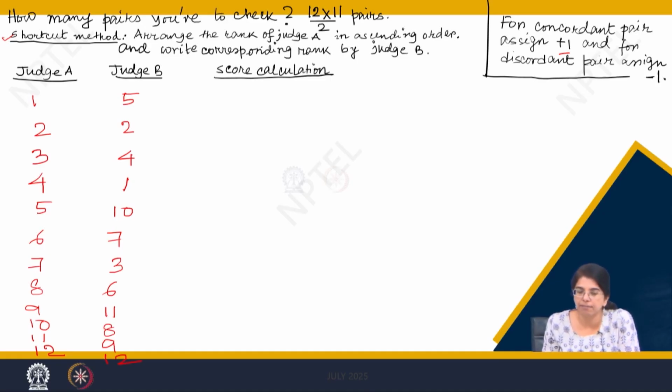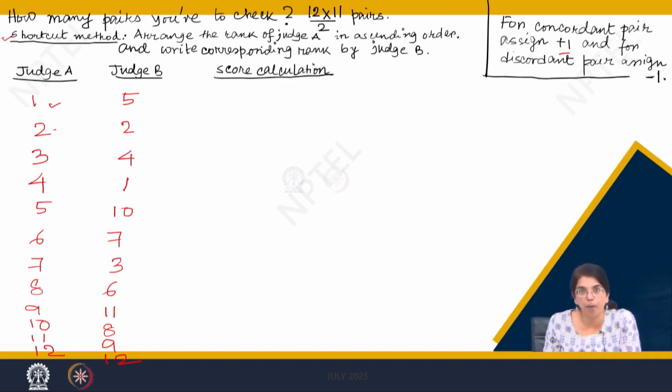Now the score calculation. How to do that score calculation? As I was saying, when you have arranged the ranks given by the judge in natural order, you have that clear concept that this observation is always smaller than this. Clear? 2 is always smaller than 3.